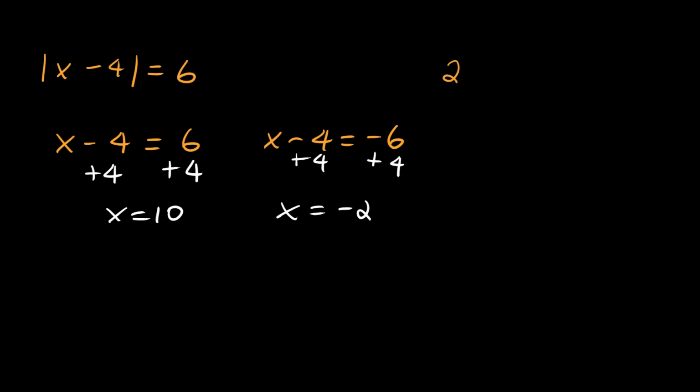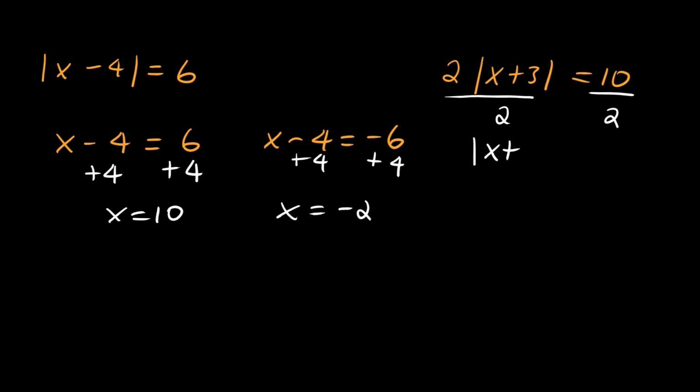Now try this one. 2 times the absolute value of x plus 3 equals 10. So before we do anything, we always need to try to simplify this before we find the absolute value. So let's divide by 2. We will have absolute value of x plus 3 equals 5.